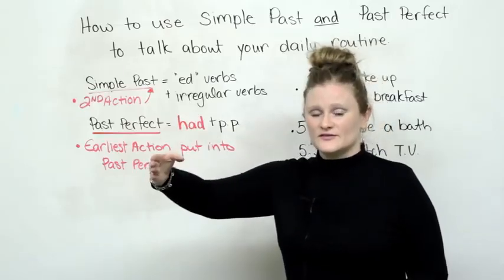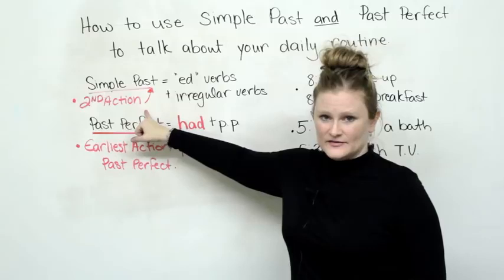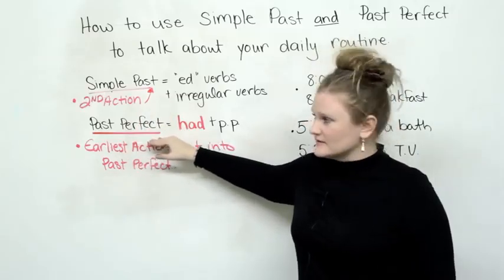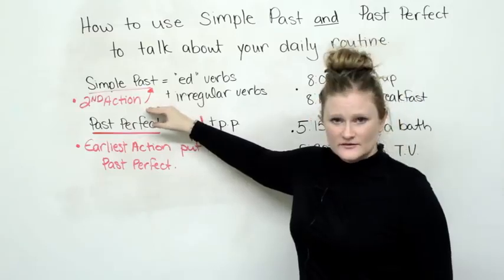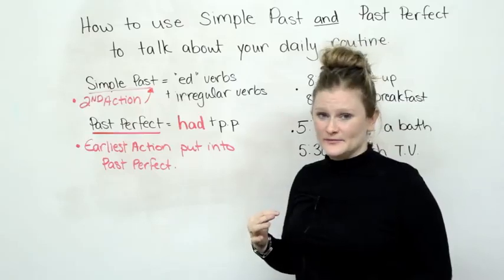Then, the next action you do after that, you're going to use simple past. So first of all, earliest action, past perfect. The second action that you do is going to be simple past. I will help you out with some examples.